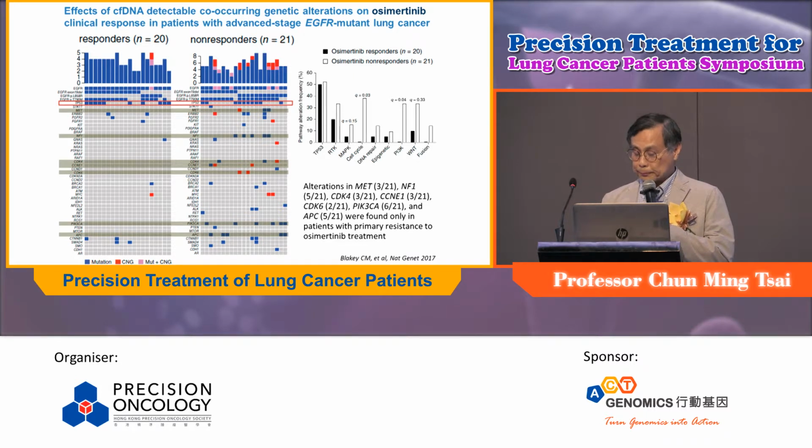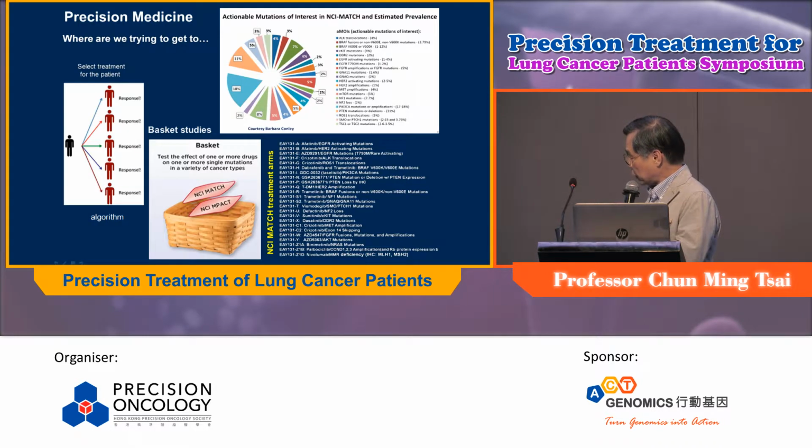But the most important function of NGS, I think, is that you can collect the patients who have very rare mutations and register them.